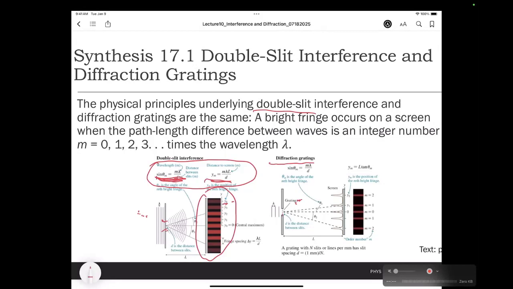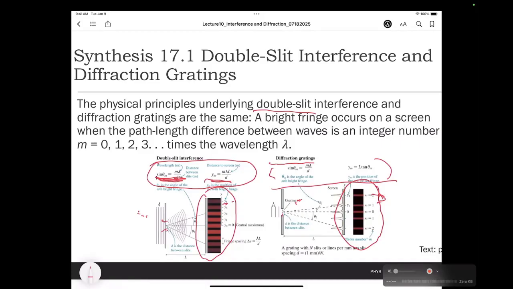It also generates a phenomenon like this, and it is a similar situation. You can use these equations to calculate the angle and the distance between two different bright fringes.